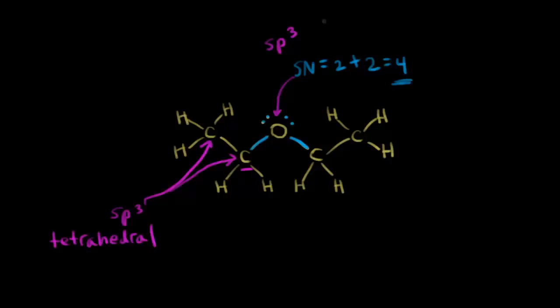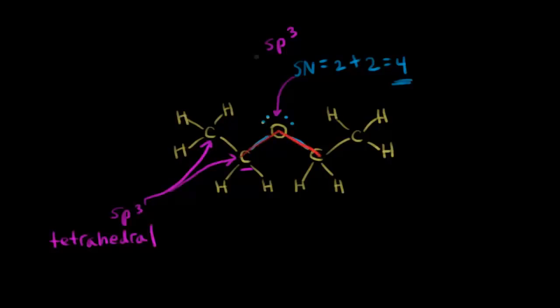All right, let's do geometry of this oxygen. There are 4 electron groups around that oxygen, and each electron group is in an sp3 hybridized orbital. The geometry of those electron groups might be tetrahedral, but not the geometry around the oxygen here. The geometry around the oxygen, if you ignore the lone pairs of electrons, you can see that it is bent.